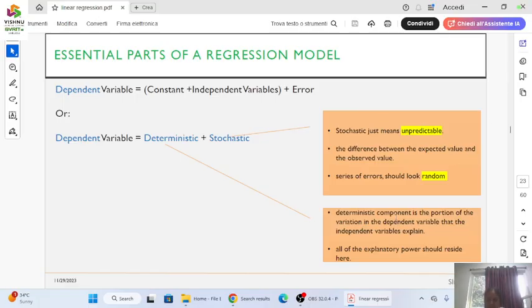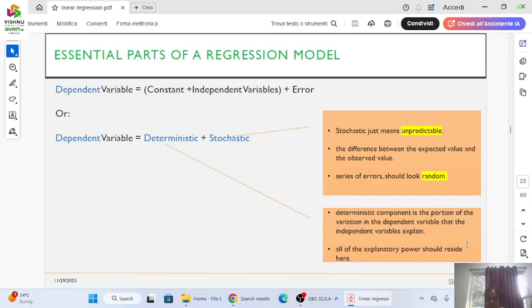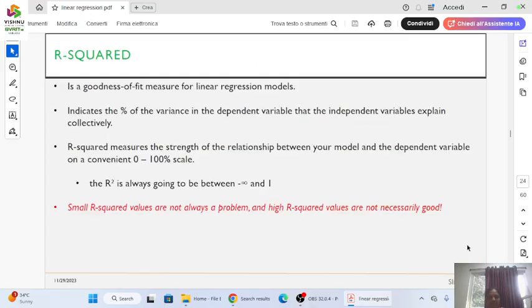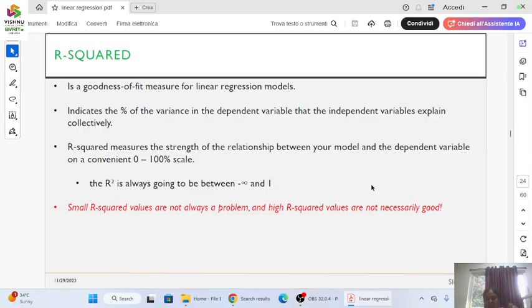Then what if it is deterministic? The deterministic component is the portion of the variation in the dependent variable that the independent variables explain. All of the explanatory power should reside here. Like R squared, which is a goodness of fit measure for linear regression models. Don't think that the regression goodness of fit is the same as what you studied in the chi-square test, where goodness of fit is one of the tests of a model, right?